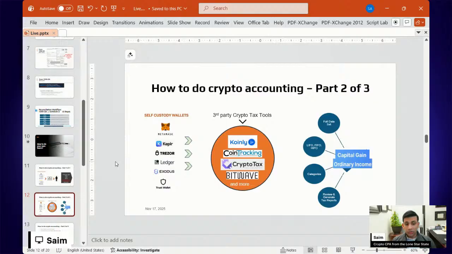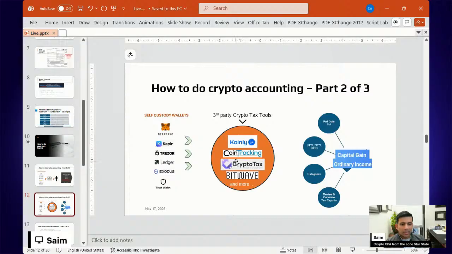Sure, you know that data, but it's upon you as the taxpayer to report any taxable events in those self-hosted wallets that you have. That's why you need to use a third-party crypto tax tool to manage the crypto tax accounting for your self-custody wallets. What you will do is plug in your wallets, and I've listed a few of the third-party crypto tax tools that are actually pretty popular.